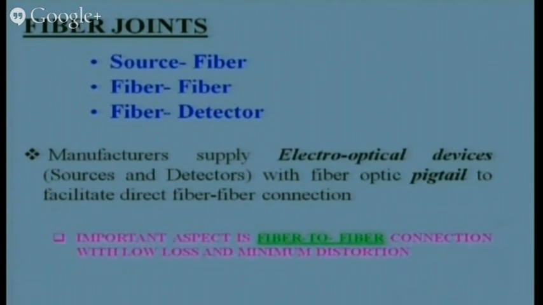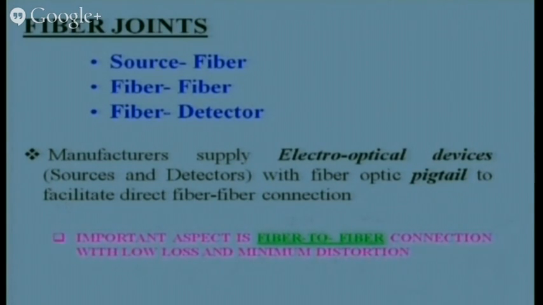So now you have to join the fiber to fiber. You can join your fiber with the pigtail at the source, and with the pigtail at the detector. So now the job is fiber connection. For any communication system, the main requirement is fiber to fiber connection with low loss and minimum distortion.